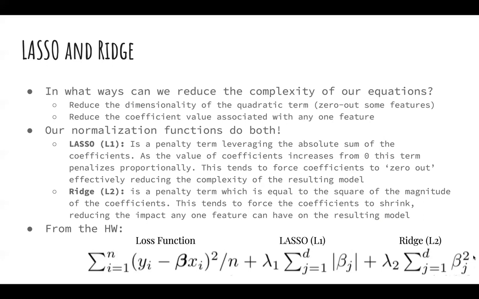So it will almost always bias itself towards reducing the overall magnitude of the term, but it won't necessarily zero it out. Particularly when you get to fractions, when you go below 1, squaring it actually reduces the magnitude of the coefficient. So for that reason, a ridge term will tend to lower the magnitude of your coefficients, but won't zero those out. That's why these work differently and the results are different.